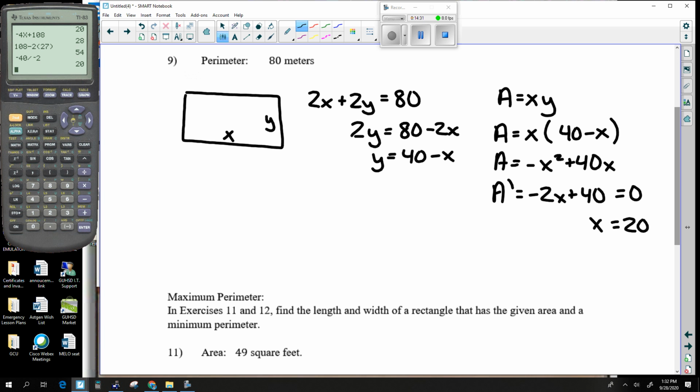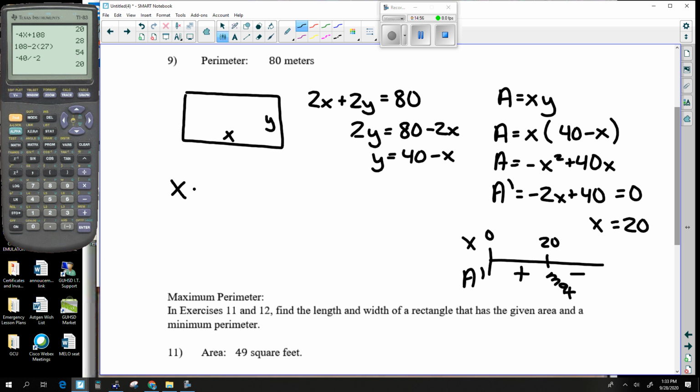Let's test that out. And so testing a small number, I see that it's going to be a positive. Big number is going to be a negative. That implies that this is a maximum right here, a maximum area, which we're looking to do. So we're maximizing the area.